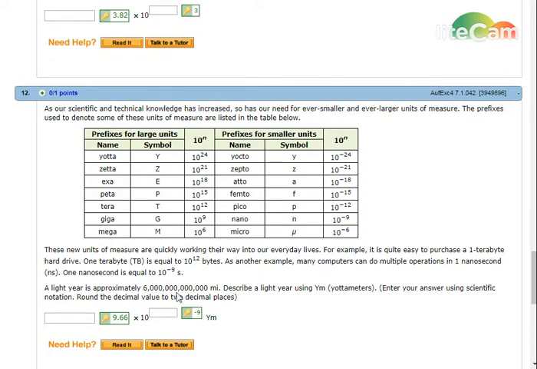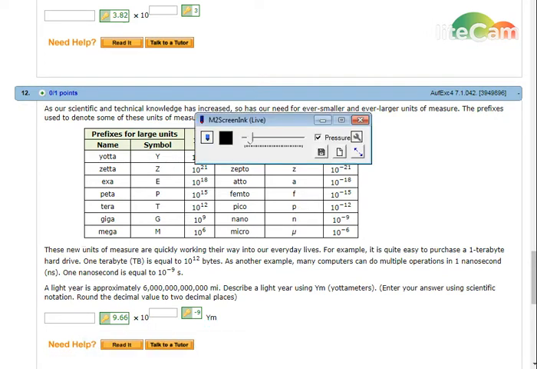Okay, in this one we're given 6 trillion miles, and we're asked to convert it into yottameters. So let's start with the 6 trillion miles, and we can convert miles into kilometers, or we can convert it into meters. Since I have a conversion factor here in my book from a mile to a kilometer, I'm going to go ahead and convert to kilometers.